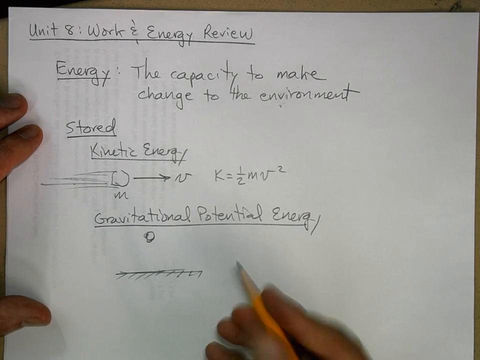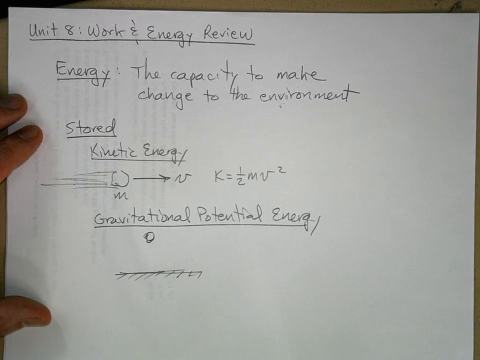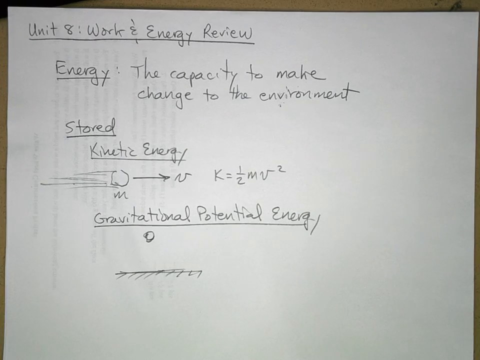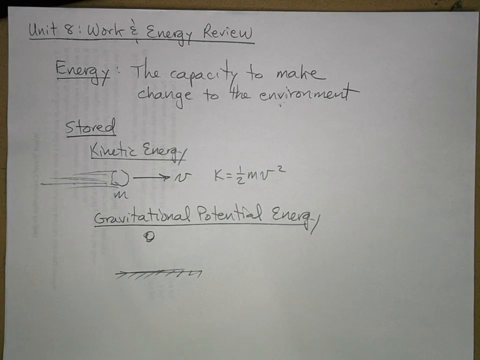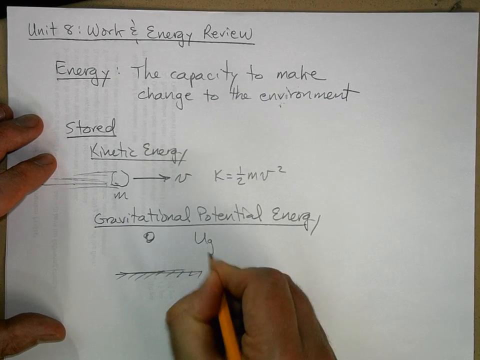Well, it's basically how much work gravity can do to get it to the ground, or to get it to some reference. You have to measure its height from somewhere. And we call this U sub G.